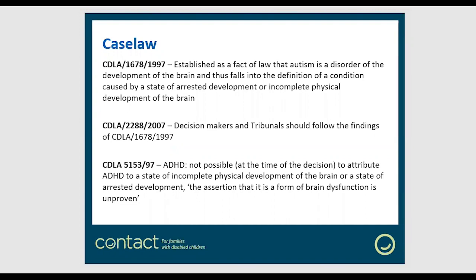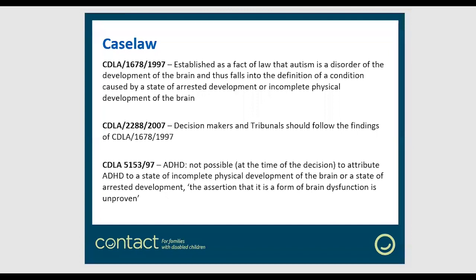to challenge because we not only have that decision, there was a further decision made in 2007, CDLA 2288 of 2007, which actually involved a case where a child had been refused on the basis that they didn't have an arrested development or incomplete physical development of the brain. And the judge in that case said, look, you cannot argue this.